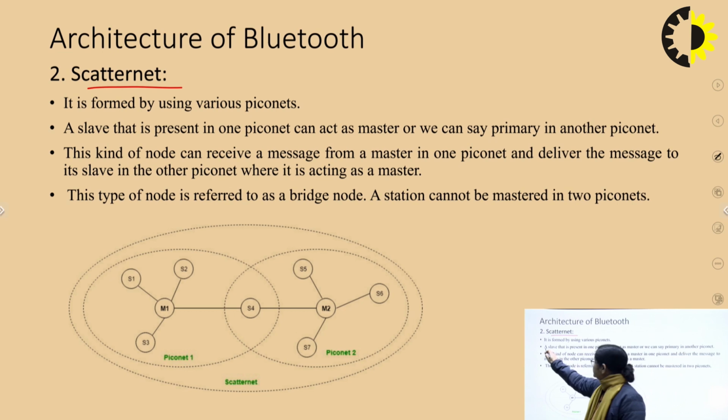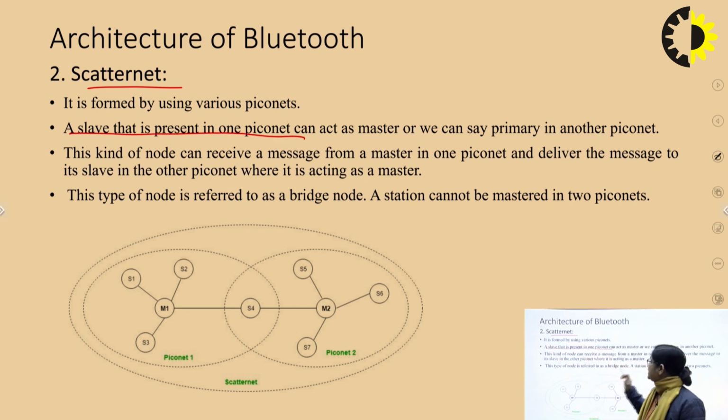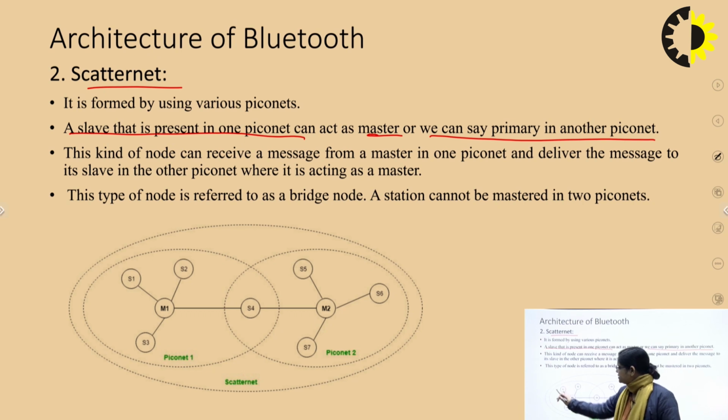A slave that is present in one piconet can act as a master, or primary, in another piconet. When we describe the piconet network, we see a master and the slaves.